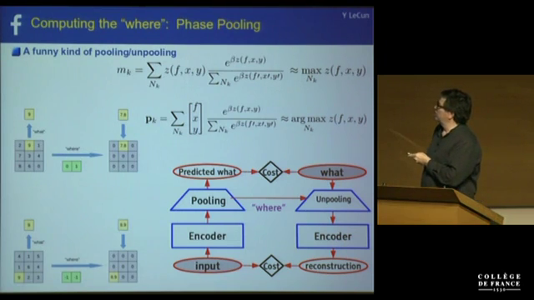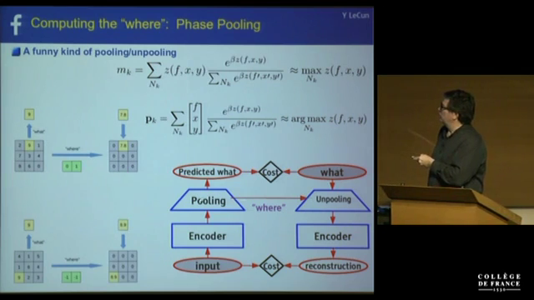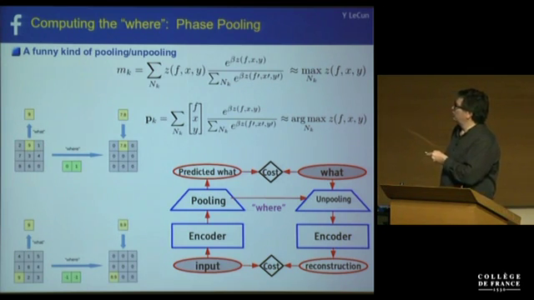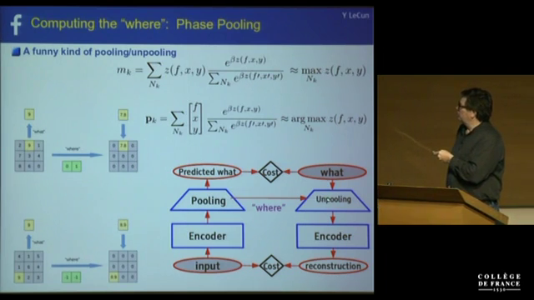And then you have unpooling. What you can do is take the softmax values here and take this value, multiply it by the 9 softmax values here directly, and reconstruct. But this doesn't work. Too much data is going through the where. If you pool 9 values here, you'll end up with 1 value in what and 9 values summing to 1. So a lot of free parameters in where.